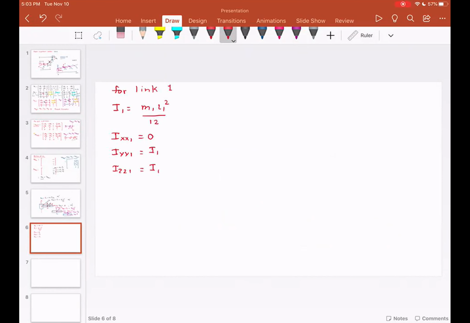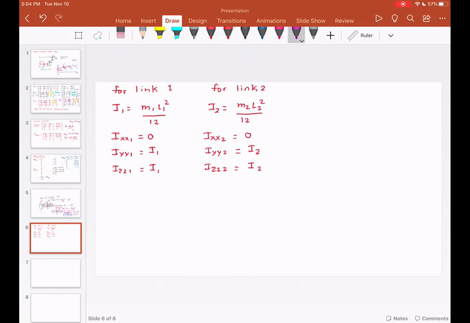For link 2, I2 is equal to M2 L2 square by 12. Same thing, IXX2 is equal to 0. IYY2 is equal to I2. IZZ2 is equal to I2.